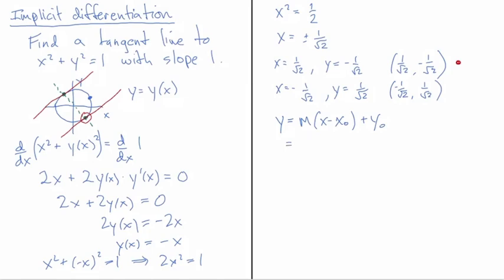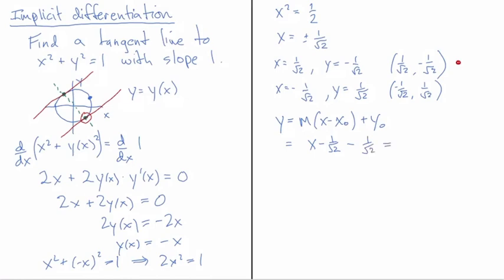I'll just leave it as an invisible multiplier in front, and then x is going to have the x coordinate up here subtracted from it, and that is minus 1 over square root 2. And then the y value is plus, and now that's a negative, so I'll get rid of that and put that as a negative 1 over root 2.